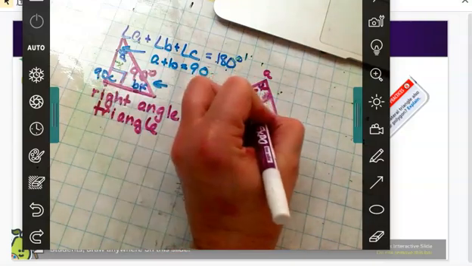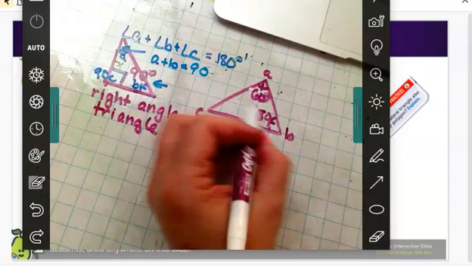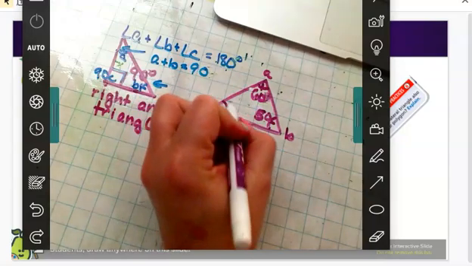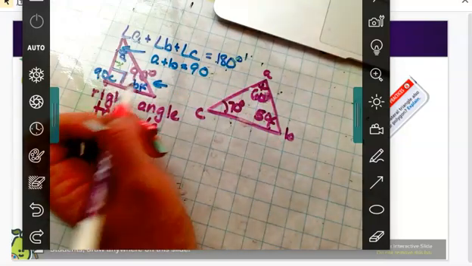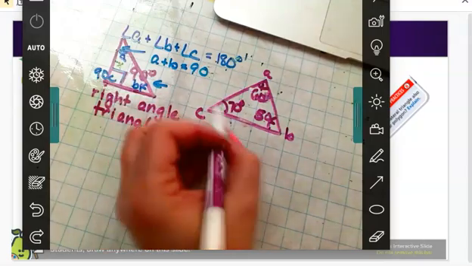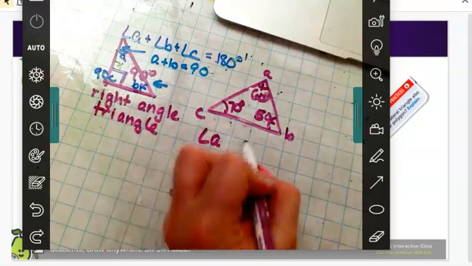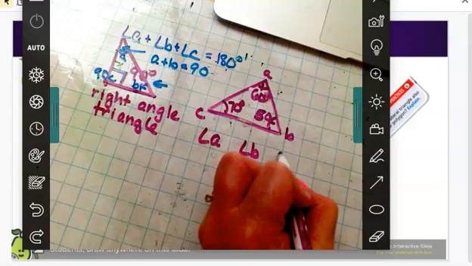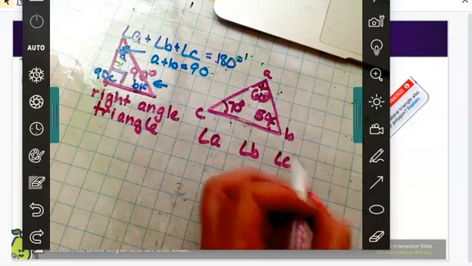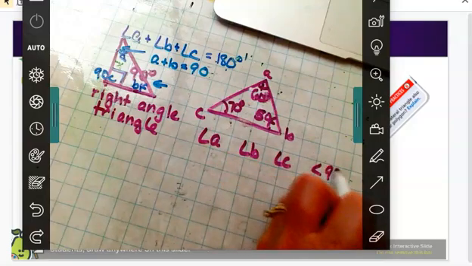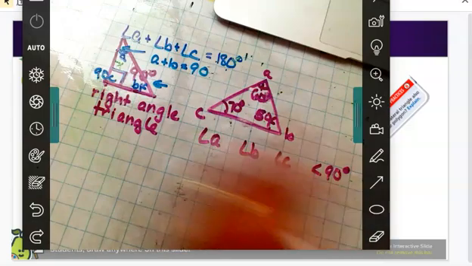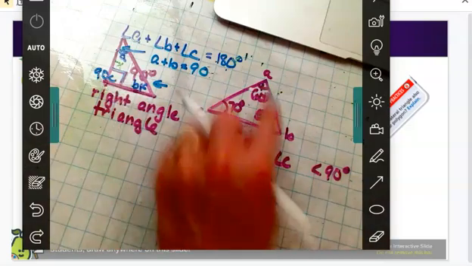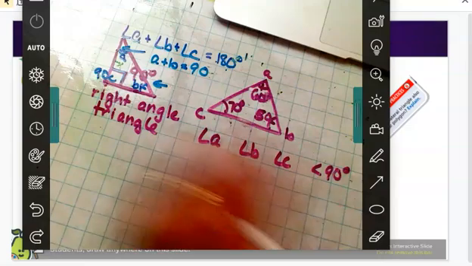This one is 60 degrees. That's 110. And this one is 70 degrees. So I know it's not to scale. But all of these angles, angle A, angle B, and angle C, they're all less than 90 degrees. All right? So it's not a right triangle. There's no squares represented in this one, and you can tell that way.